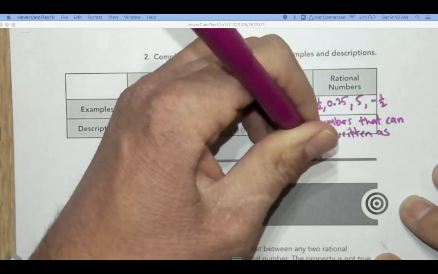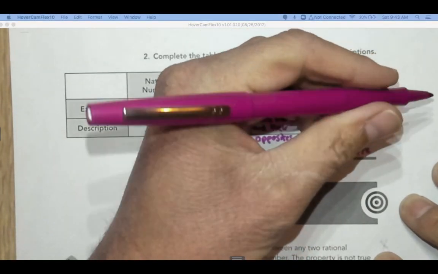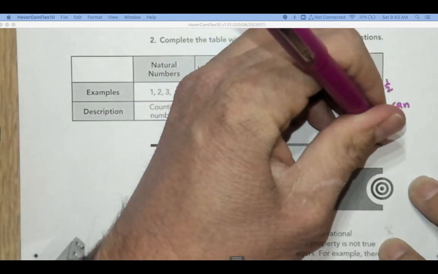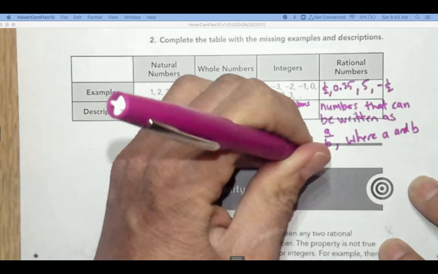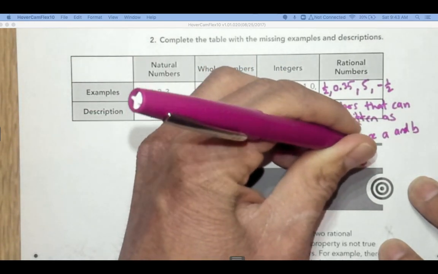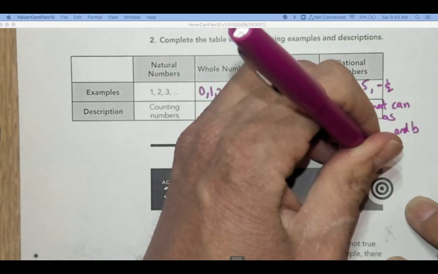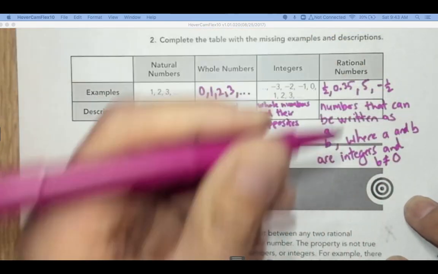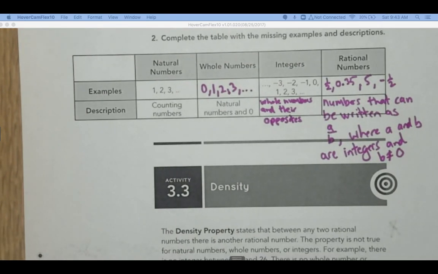So A over B, where A and B are integers and B cannot be 0, because I cannot write a fraction with 0 as the denominator. It's impossible. Okay, and so that's the formal definition.